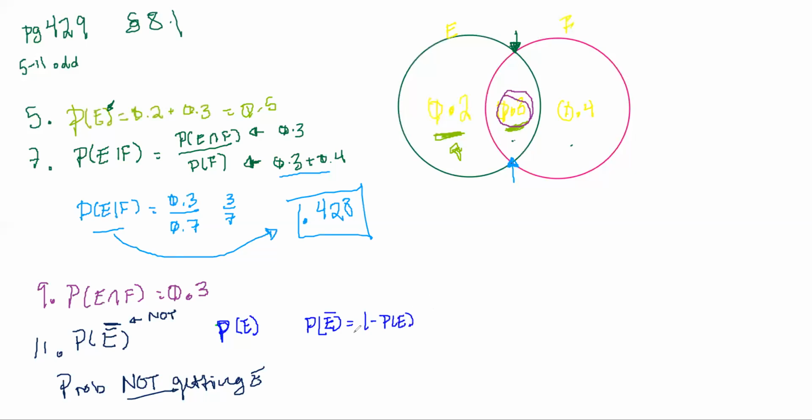So the way that I solve this problem is just by saying 1 minus 0.5 is equal to 0.5.